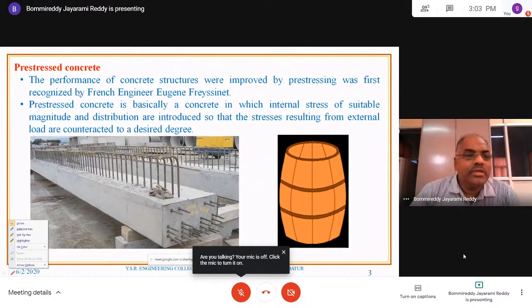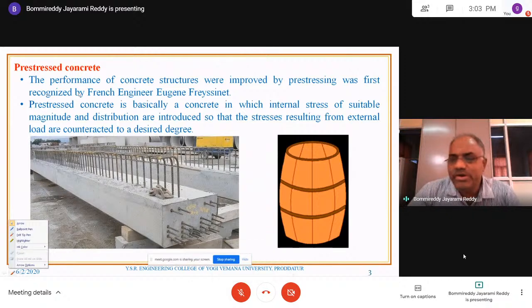Pre-stressed concrete is basically concrete in which internal stress of suitable magnitude and distribution is introduced, so that the stress resulting from external loads is counteracted to the desired degree.